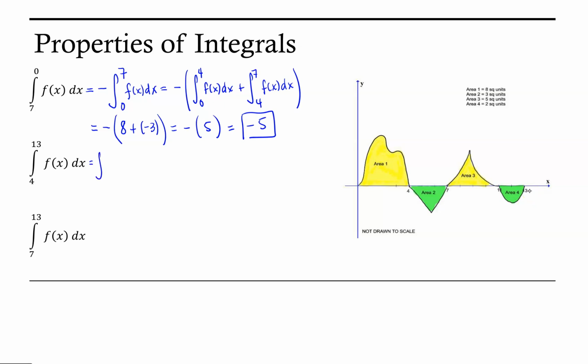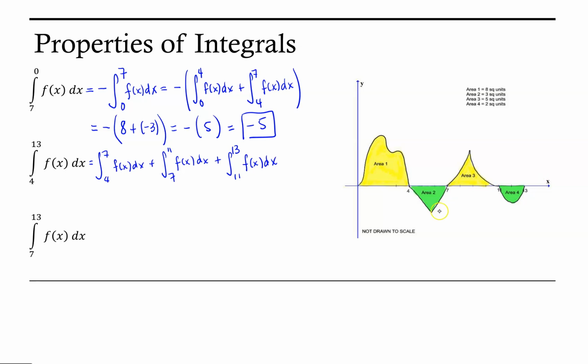So this is the integral from 4 to 7 of f of x dx, plus the integral from 7 to 11 of f of x dx, and then plus the integral from 11 to 13 of f of x dx.